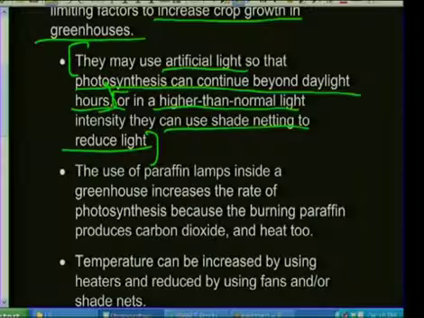If they want the plant to produce more food during the night, then they provide artificial light for it. And in other areas where the light is so bright that it is no good for the plant, then they can use shade netting to reduce the light. So they can use either strategy depending on the circumstances.